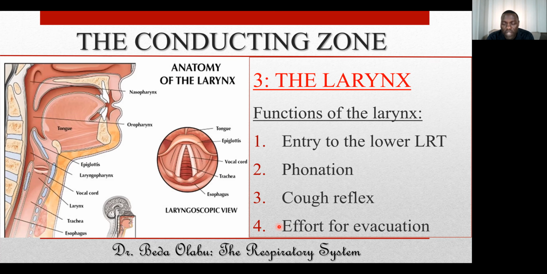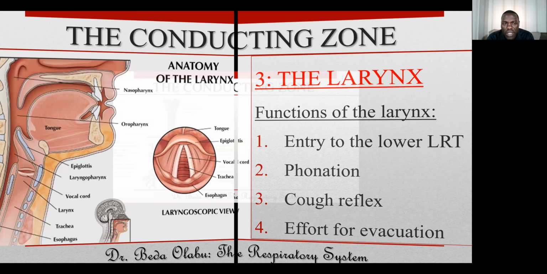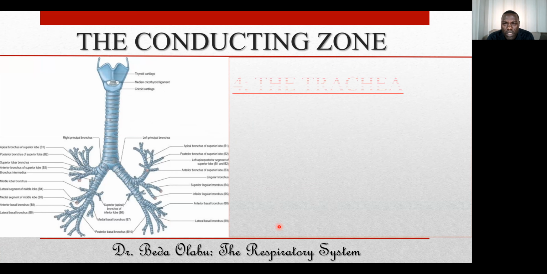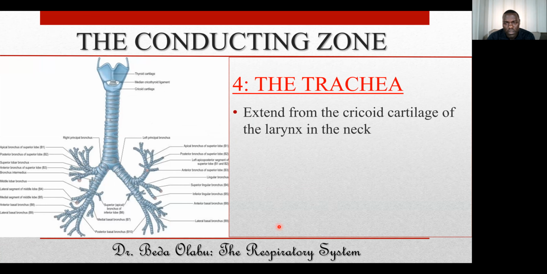Great. After the larynx, we go to the trachea. The trachea extends from the cricoid cartilage, which is at the level of the larynx. And the cricoid cartilage is found in the neck, of course.